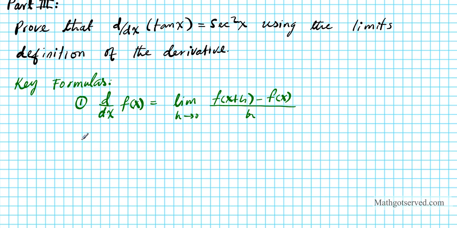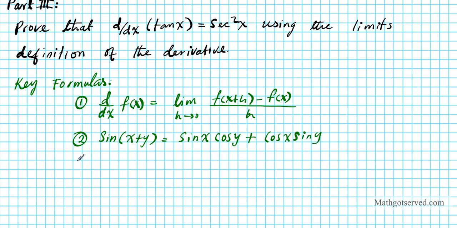Numbers 2, 3, and 4 are going to be trigonometric identities. The first one is the sum identity for sine: sine of x plus y is sine x cosine y plus cosine x sine y.